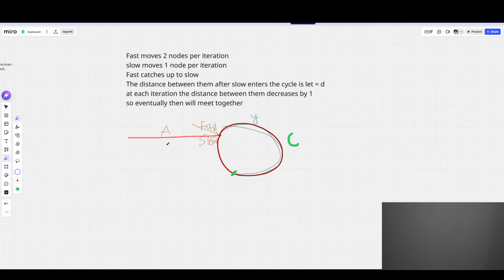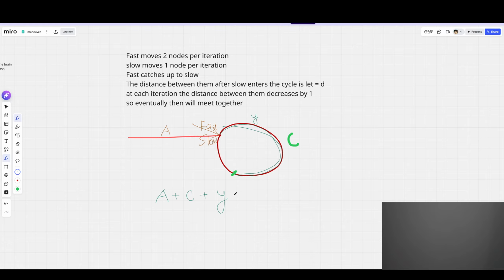The number of nodes the fast pointer has traveled when they met is A nodes plus C nodes, the whole cycle, plus y nodes. This is the amount the fast pointer has traveled.